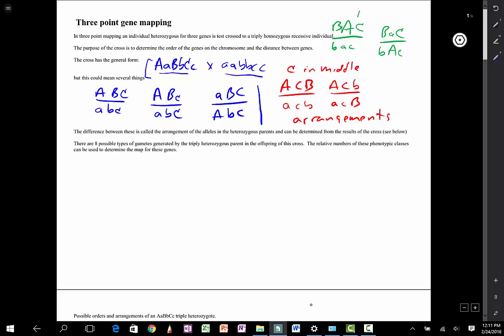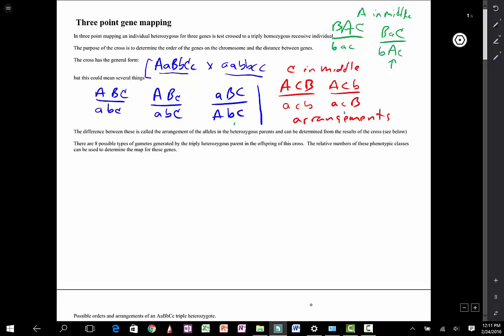So A's in the middle. And when I use these letters and say A's in the middle, I mean the gene A is in the middle. I don't necessarily mean the big letter A is in the middle. I mean it is, but we're just talking about the A gene. So A's in the middle, C's in the middle, B's in the middle.